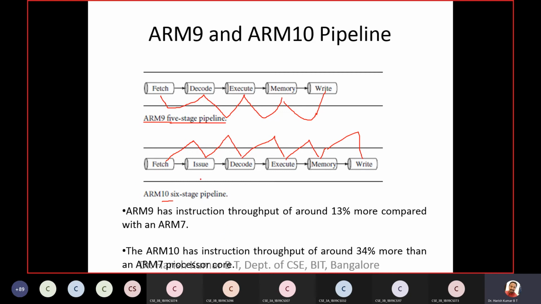Since the number of stages is increased here, it's just a comparison. ARM9's throughput is around 13% more compared to ARM7. So how do you define the term throughput?